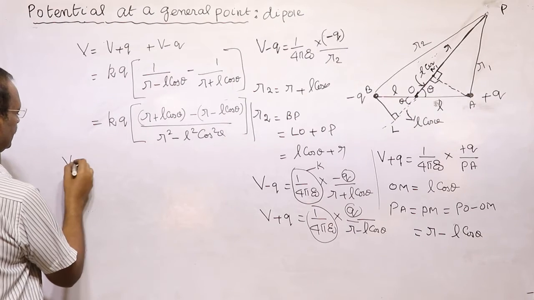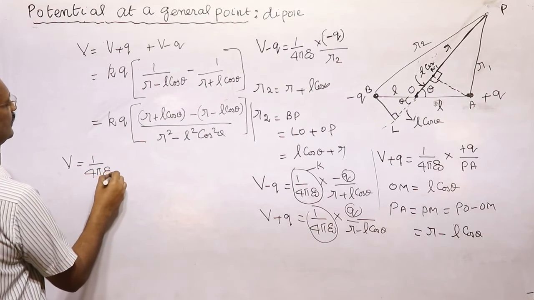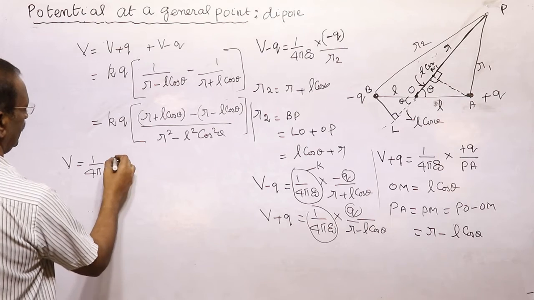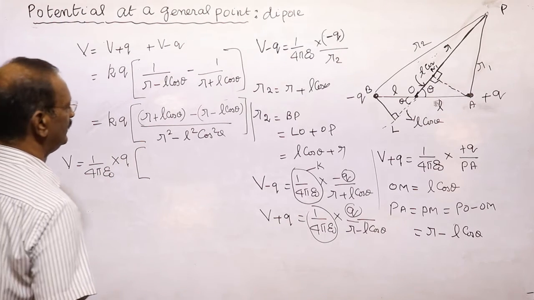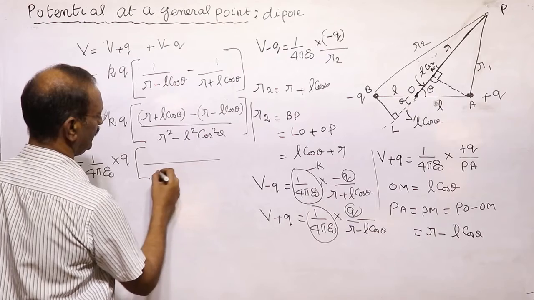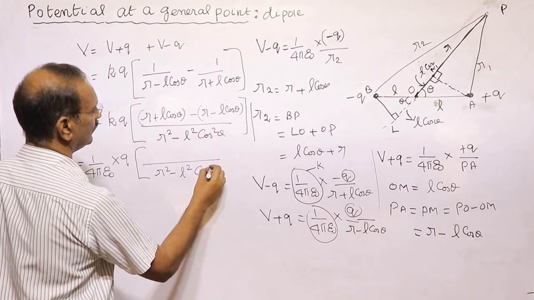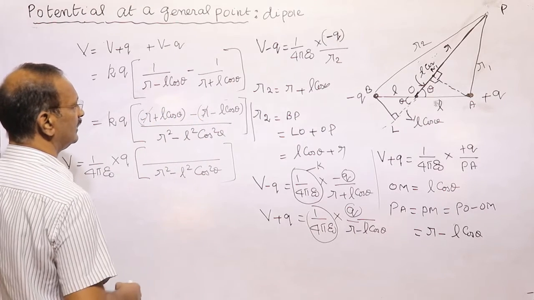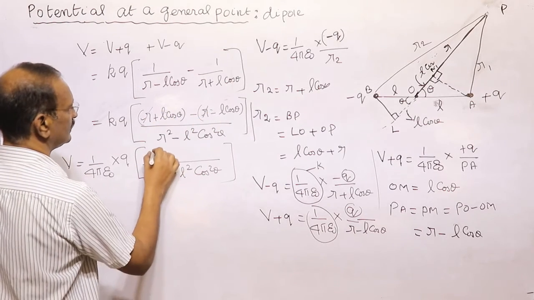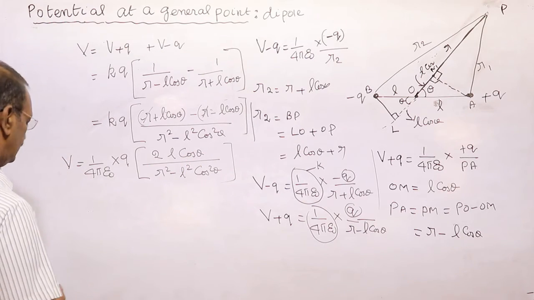Therefore, net potential is equal to 1 by 4 pi epsilon naught K into Q divided by r square minus L square cos square theta. This r and this r will cancel, and this will become 2L cos theta.